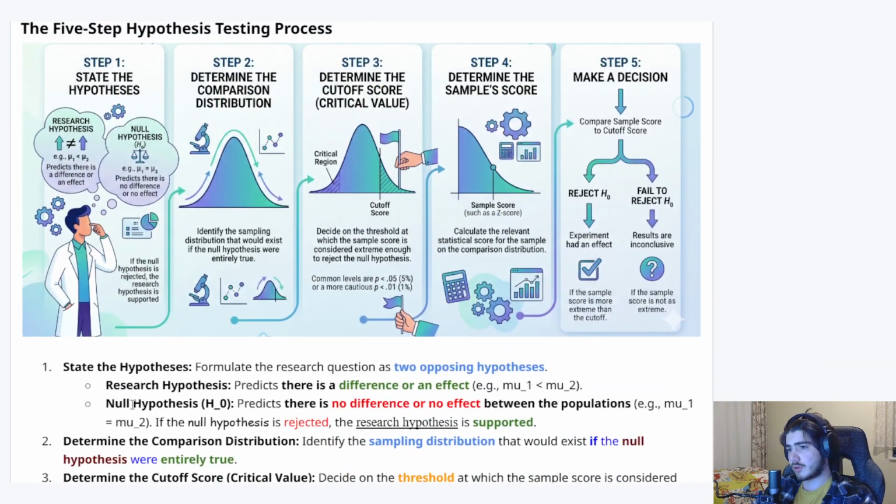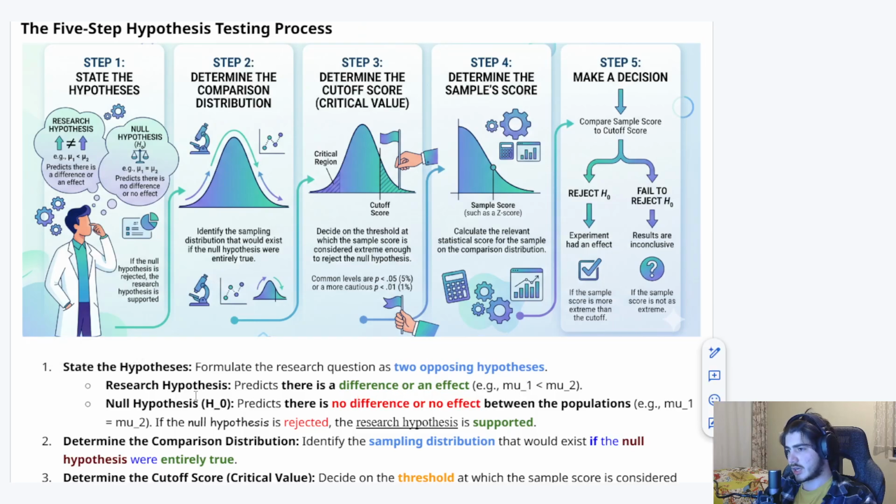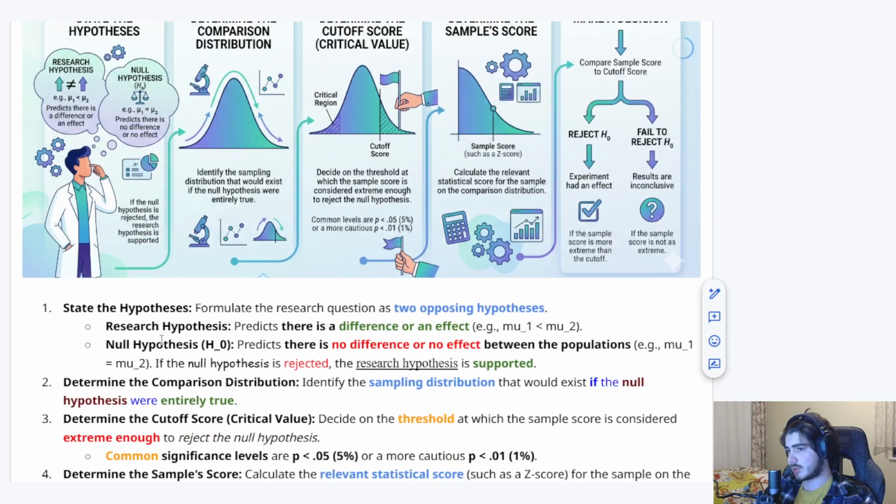So, first of all, what we do is we convert the hypothesis statement into a null hypothesis. So you create a research hypothesis. For example, here we have the null hypothesis says mu1 equals mu2.